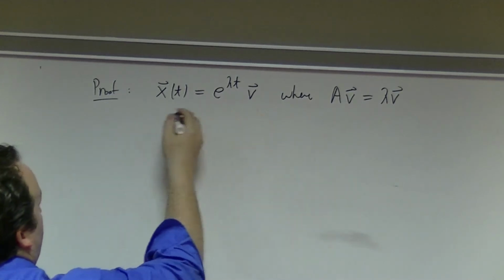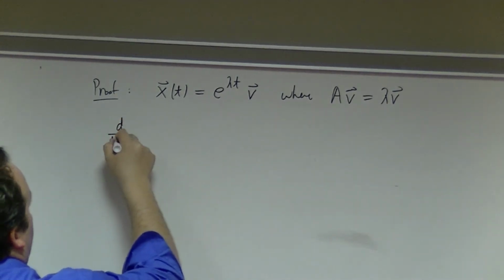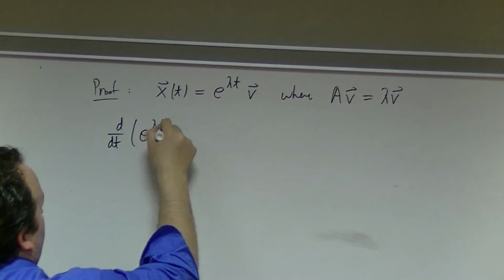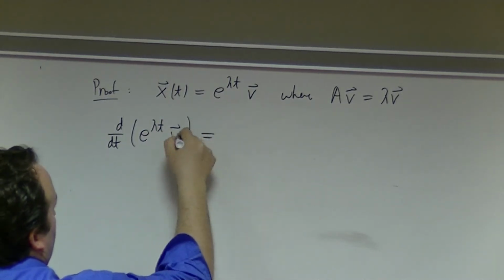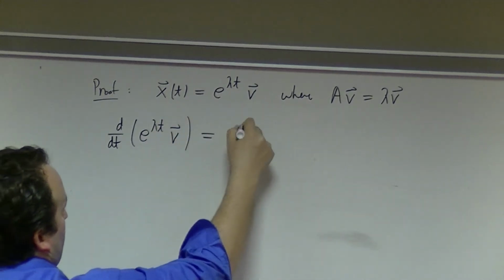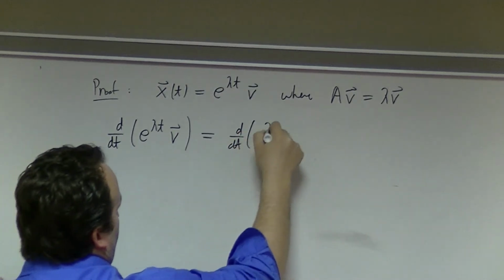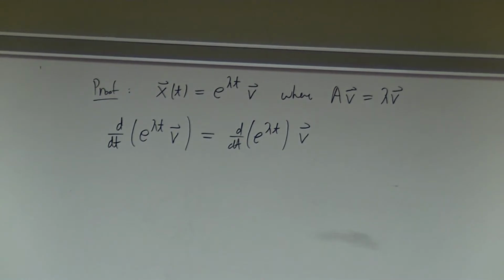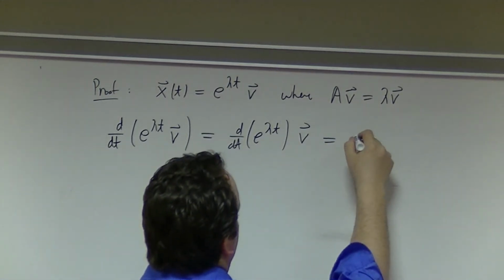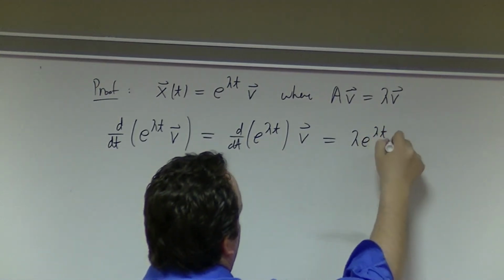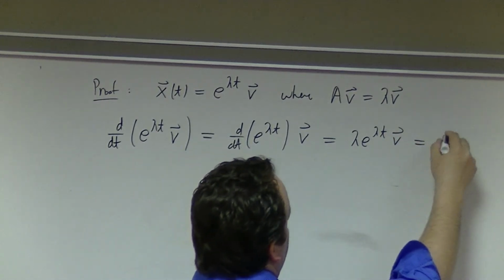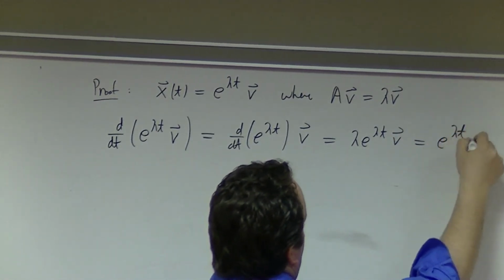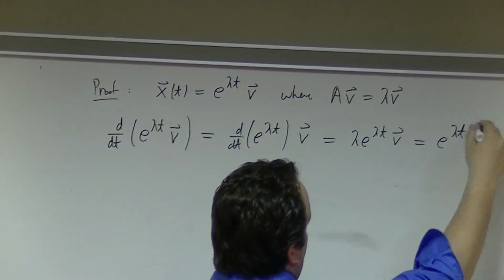We want dx/dt equal to A x. So here's how it goes. You take d/dt of e to the lambda t times v. What happens? That's a constant vector, so it pulls out of the differentiation. What's the derivative of e to the lambda t? That's lambda e to the lambda t times v, but you can group lambda and v, and what do you get? Lambda v is what?